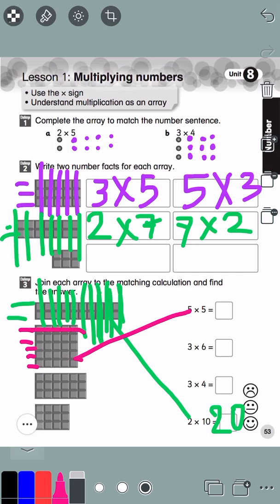So 5, 10, 15, 20, 25. So the answer is 25. You can count the small chocolates one by one. So here 10, 11, 12, 13, 14, 15, 16, 17, 18, 19, 20, 21, 22, 23, 24, 25.